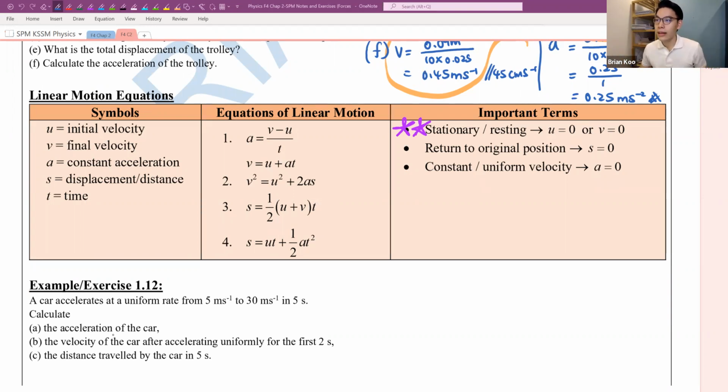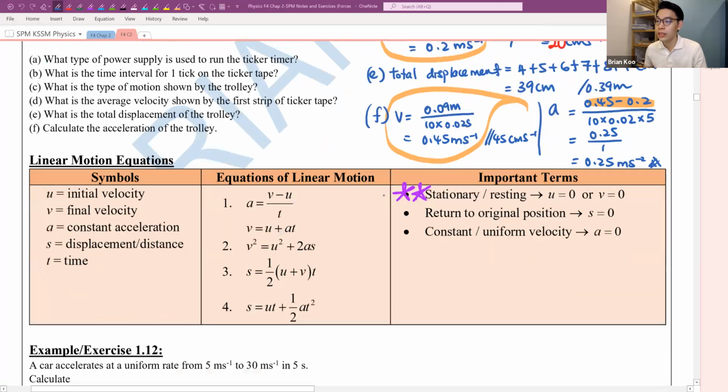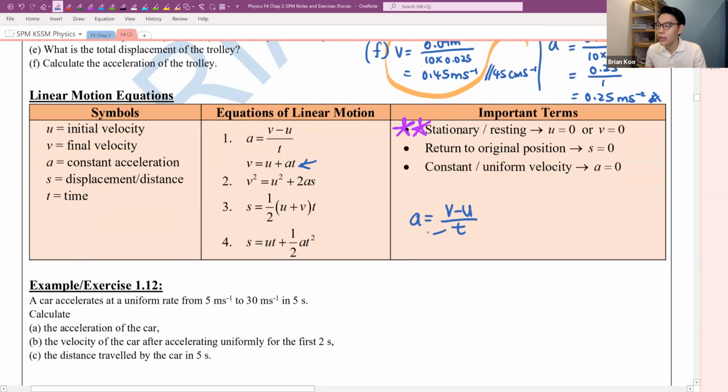And if you look at the first formula, they're all under number one because they are the same, right? So we know that acceleration a equals v minus u over t. If you want to get this, you just have to rearrange. This is more about maths already. You multiply the t up, it becomes at equals v minus u, right?